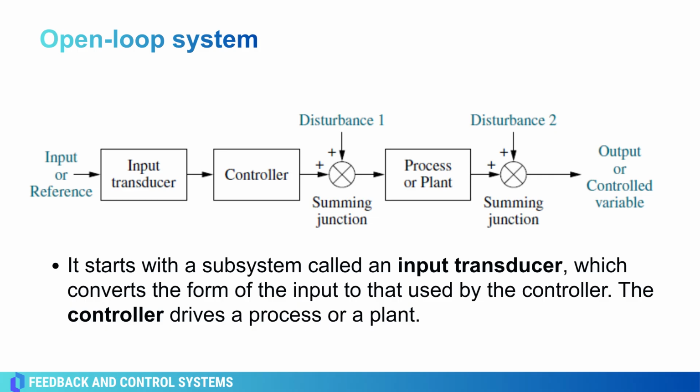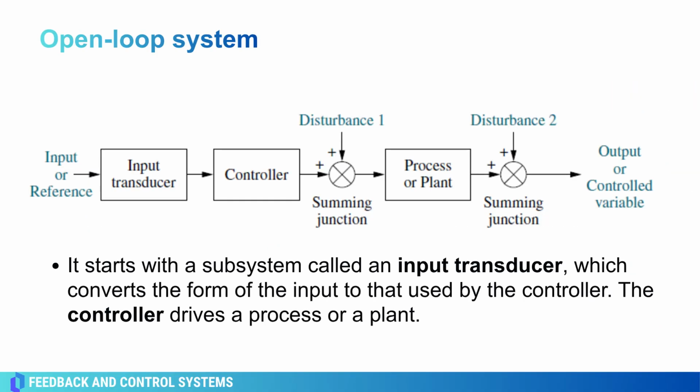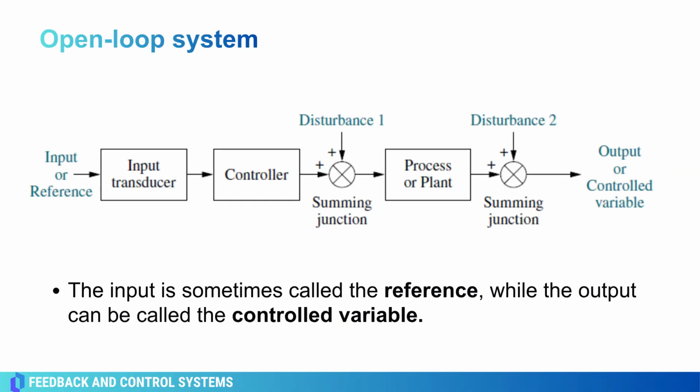For further discussion, as you can see here, it starts with a subsystem called an input transducer, which converts the form of input to the form used by the controller. The controller drives a process or plant. The input is sometimes called the reference, while the output can be called the controlled variable.